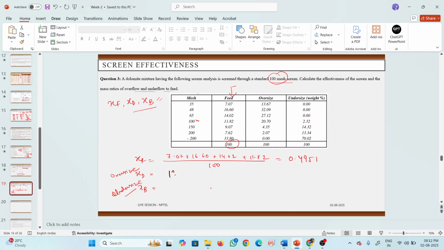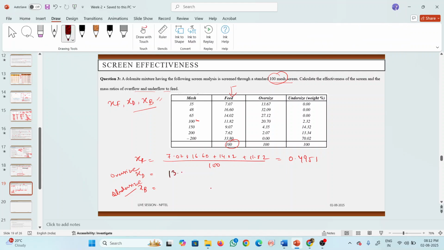Let me do my calculation once. It is around 0.9358. You can check: 13.67, 32.09, 27.12 and up to 100 mesh 20.70, divided by the complete overflow, that is 100.